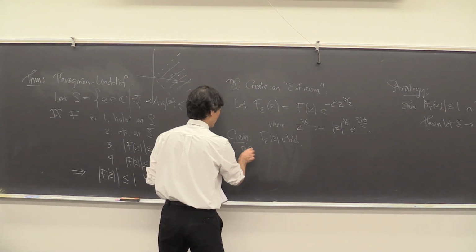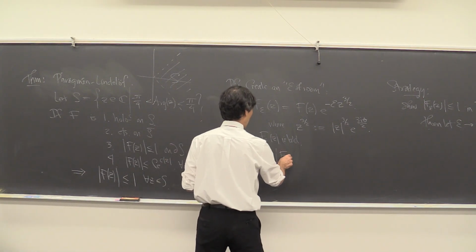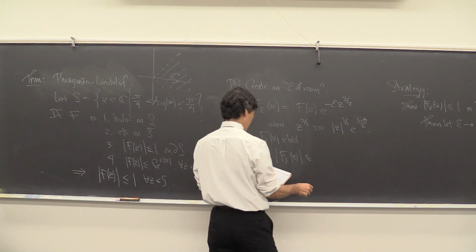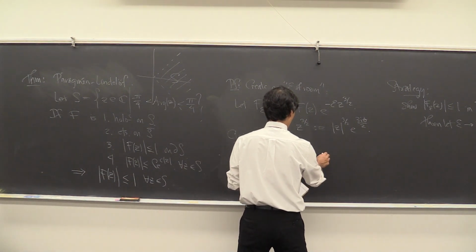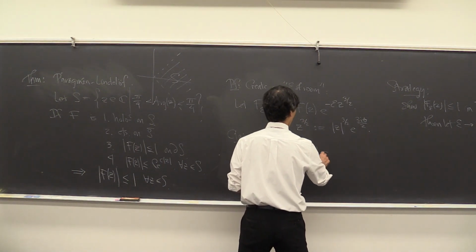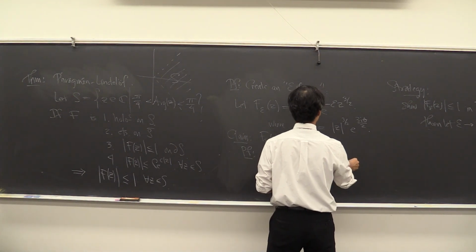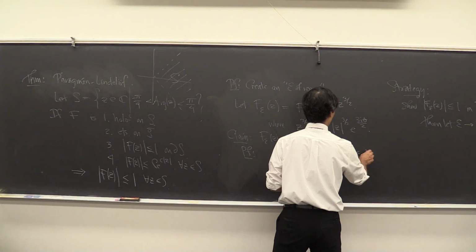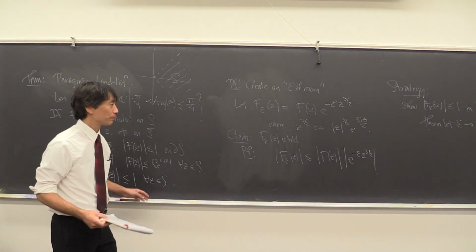The proof is basically, as I just said, you look at the size of this thing, and it is controlled by this thing times this, times the size of the parts.